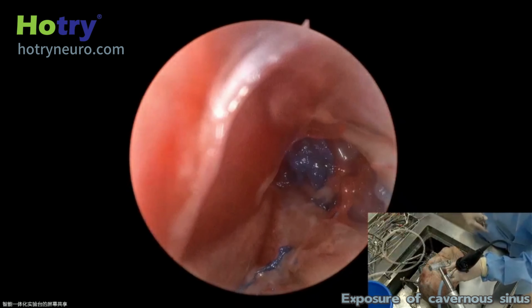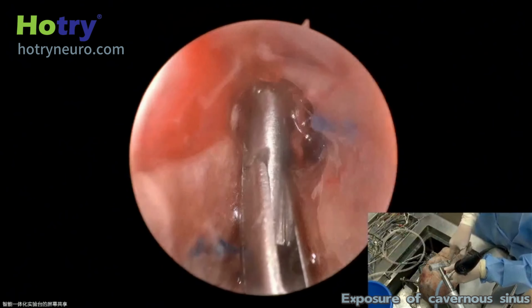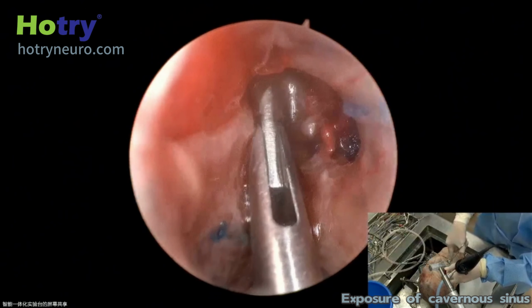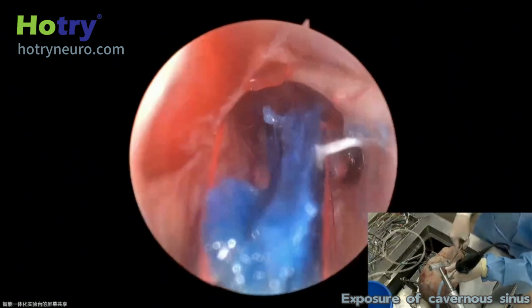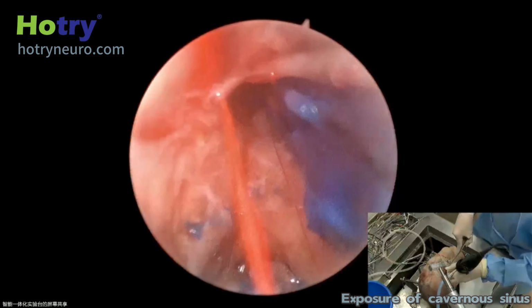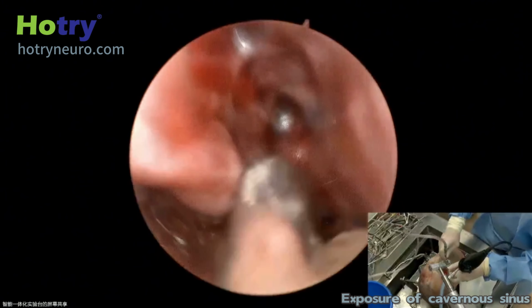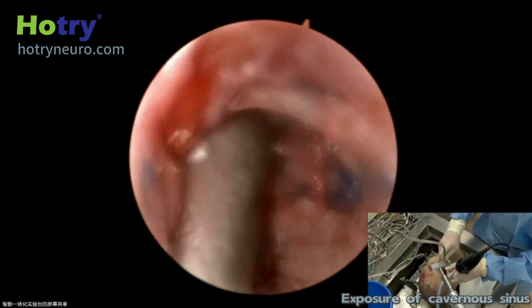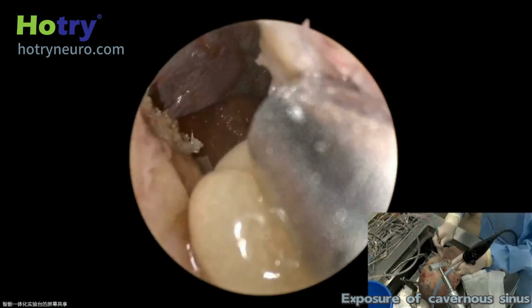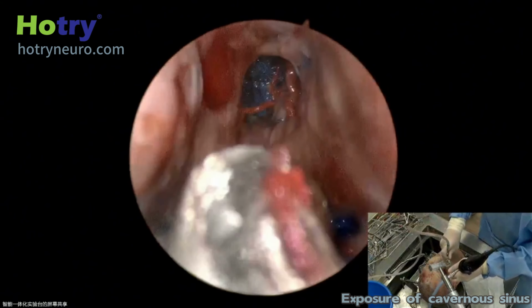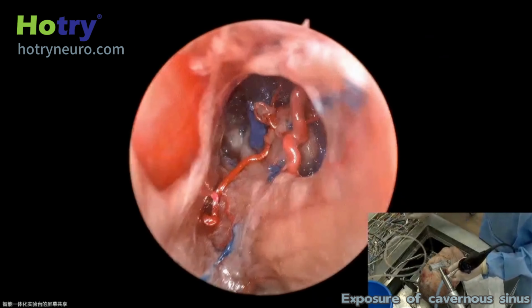During operation, if there's venous bleeding, what you can do is put in Floseal.